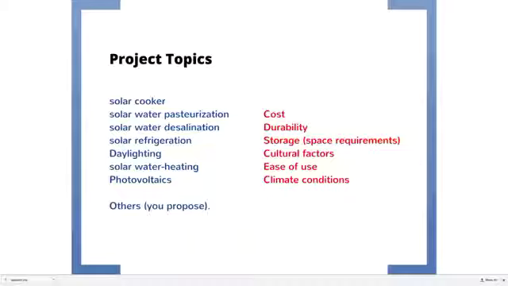Cultural factors, you will see quite a bit of cultural factors affecting lots of technologies deployed by NGOs in many parts of the world. A good example would be, we'll talk a little bit about this in solar cookers. If you built a fantastic high-efficiency solar cooker, but it just cooks at a temperature which you are not used to.